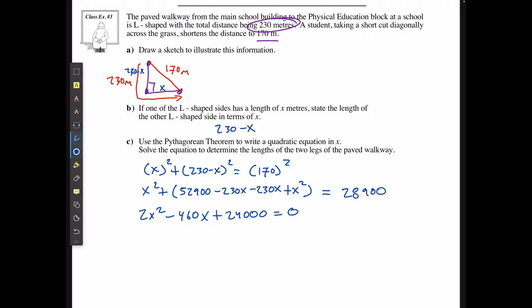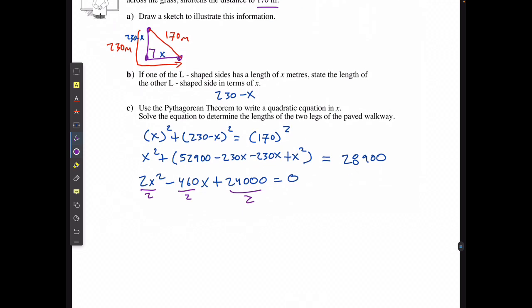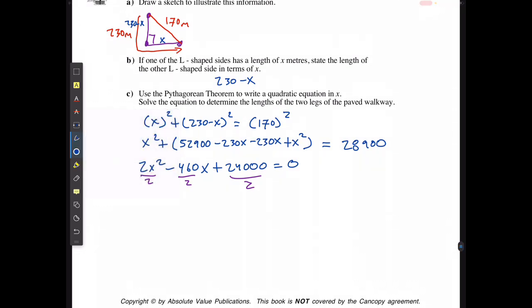I can divide all of these terms by 2. There's a common factor of 2 with all these, and I want to make the numbers as small as possible. So at this point, I'm going to say that x squared minus 230x plus 12,000 is equal to 0.